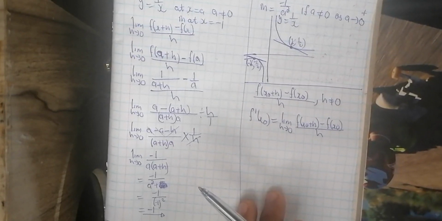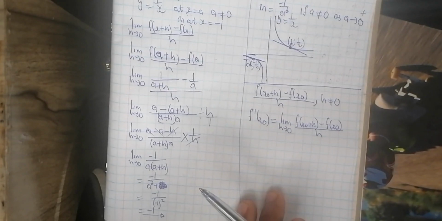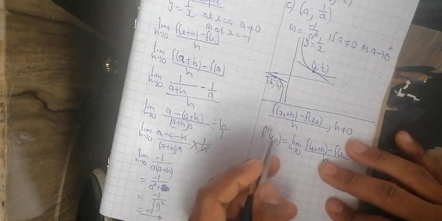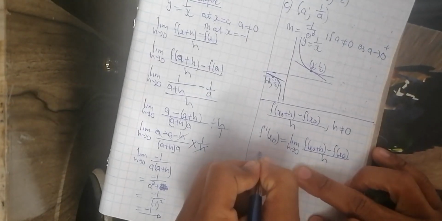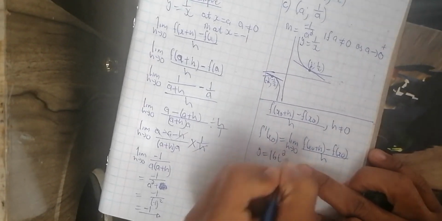Now, suppose the question comes and says, the rock fell based on the equation y equals 16t squared.